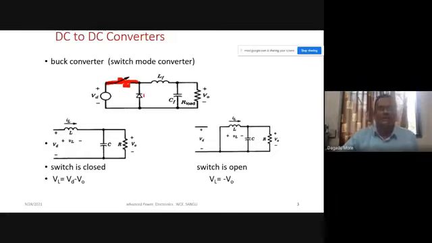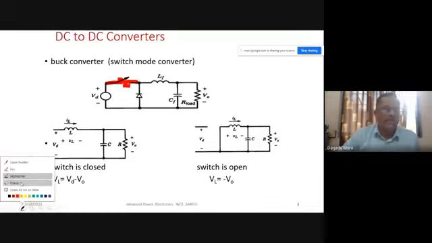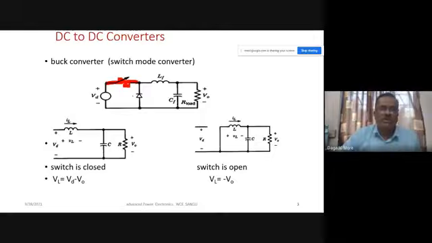We have seen what happens to the diode. Here the diode will be open circuited because this is a positive voltage, so the diode will be off when the switch is on. So we can remove the diode, and the remaining circuit will be VD, then LF, C, and VO.